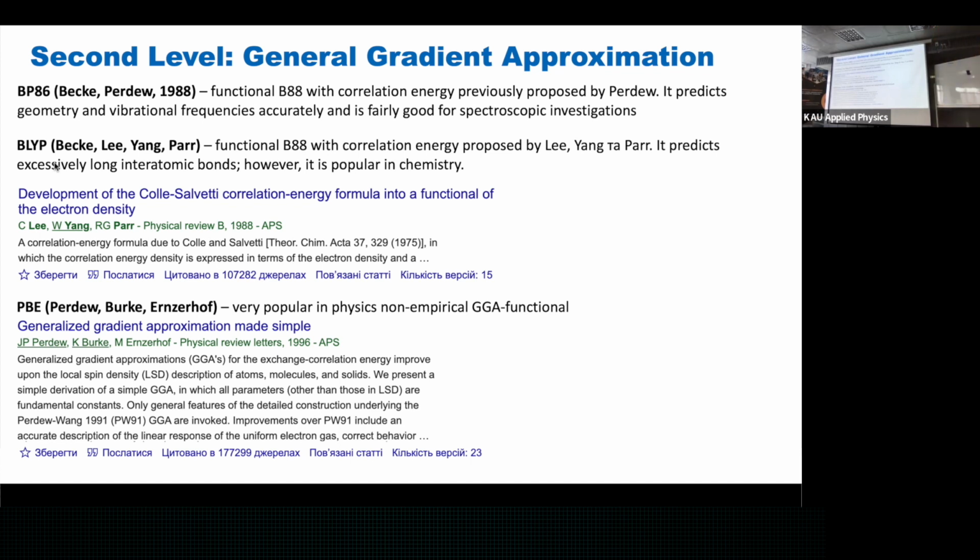And here are some popular potentials. We have used PBE, and in the homework for the model and in the final problem, I asked you to use PBE.